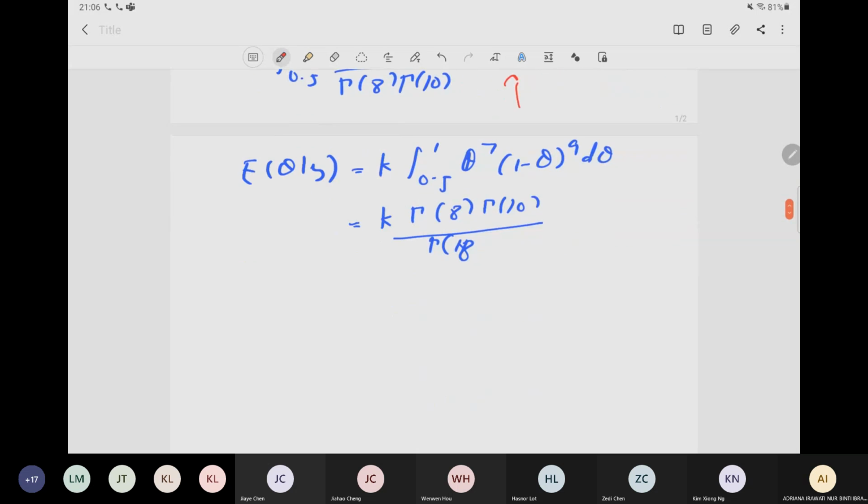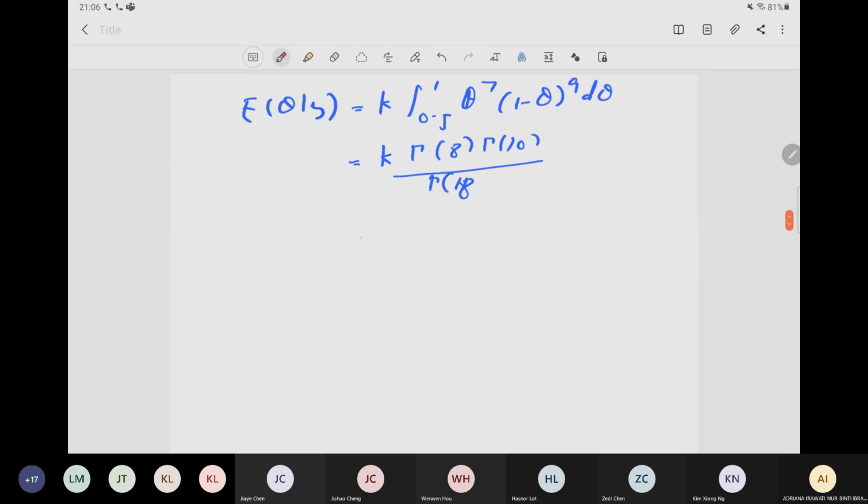Then we add your constant, multiply there, and then multiply with the gamma 18, gamma 8, gamma 9, gamma 10, sorry, and then multiply by your theta 7, 9.